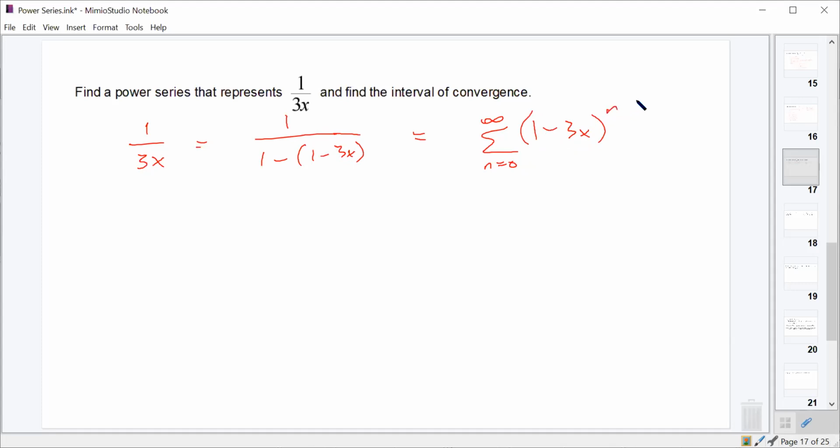And we're also asked to find the interval of convergence. And so we need to take our common ratio, put it inside absolute value, and make it less than 1. So 1 minus 3x is between -1 and 1. We'll subtract.